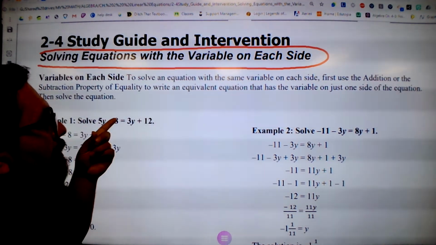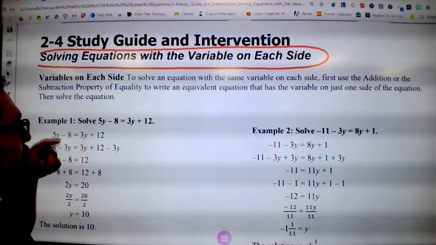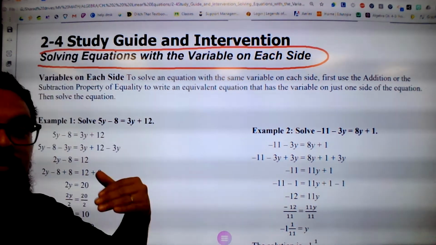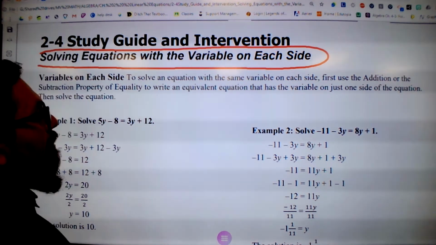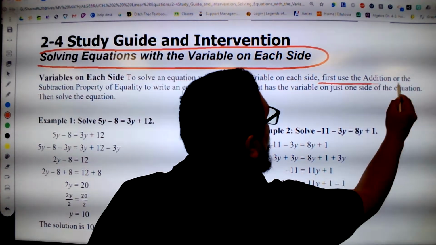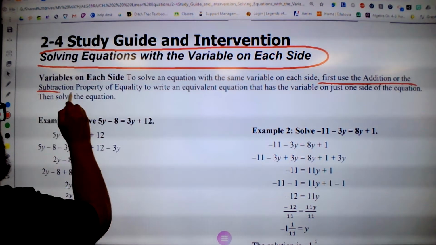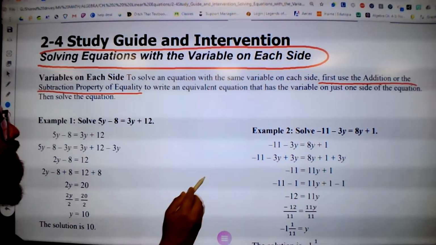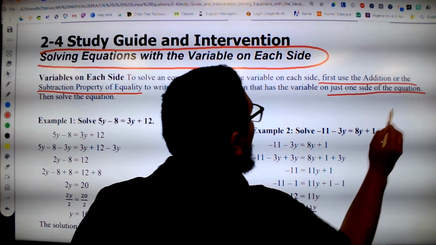So you're using addition or subtraction, so you're using SA from TioSadMap. First use the addition or subtraction property of equality to write an equivalent equation that has the variable on just one side of the equation.